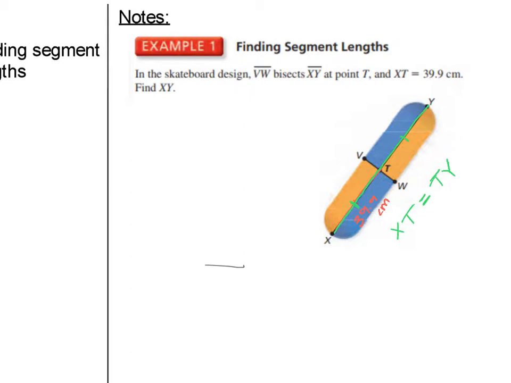How do I find it? What do I do? Well, XT is 39.9. What's TY? 39.9. So just double it. Of course, just double it. So when I double it, XY is equal to 79.8 centimeters.